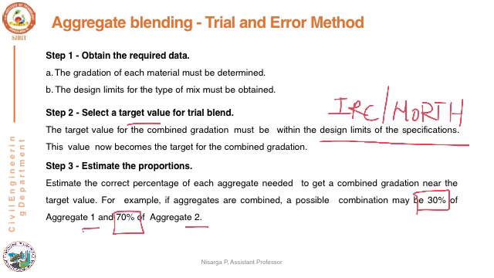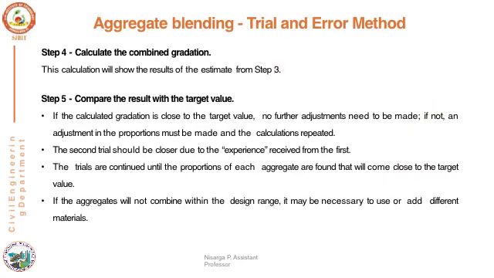In the third step, we have taken 30% of aggregate 1 and 70% of aggregate 2. The material is mixed in such proportion, and we have to find out the combined gradation.